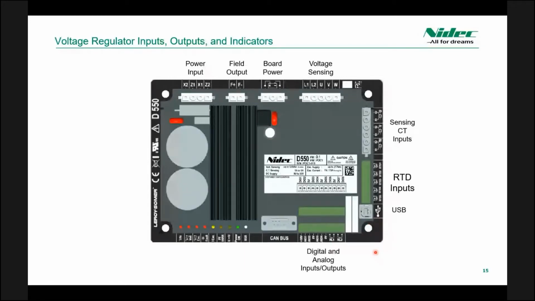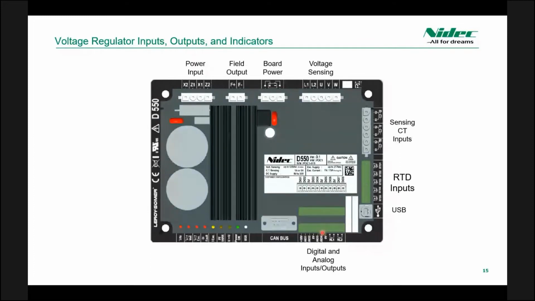Digital and analog inputs and outputs. This can be used for a lot of different things, and it is a really handy tool for communicating and integrating with PLCs, because you can have the PLC control a number of different parameters through the analog and digital inputs and outputs. For instance, you could change the voltage set point.